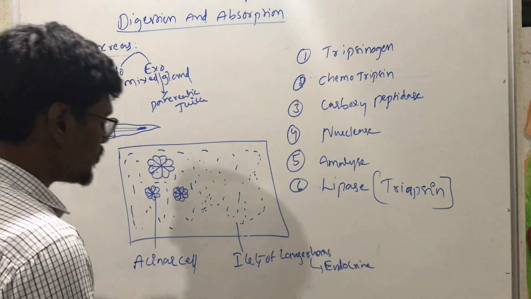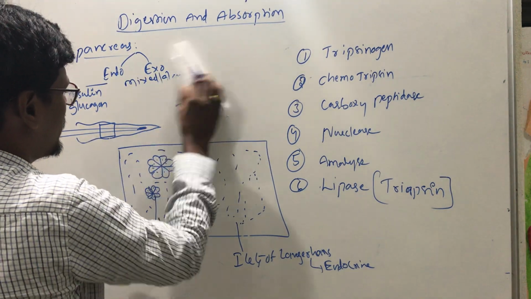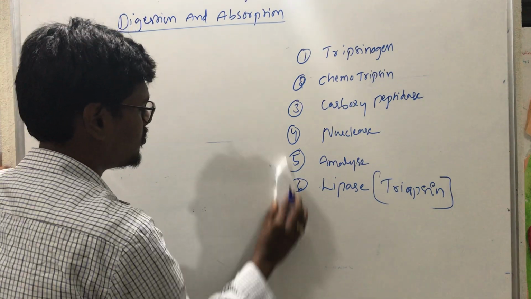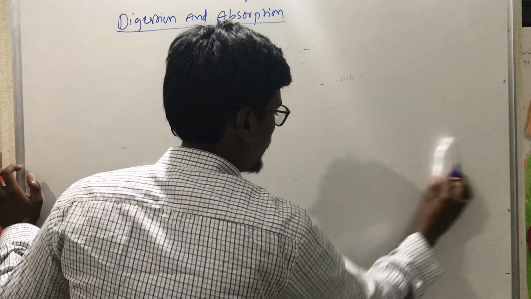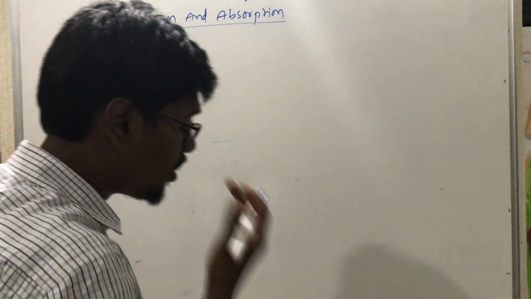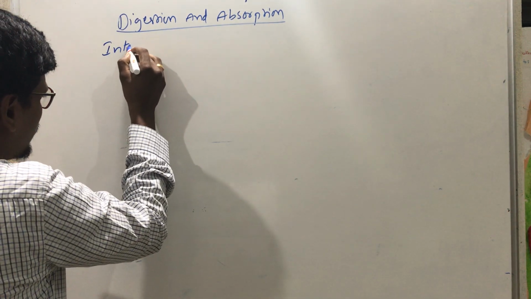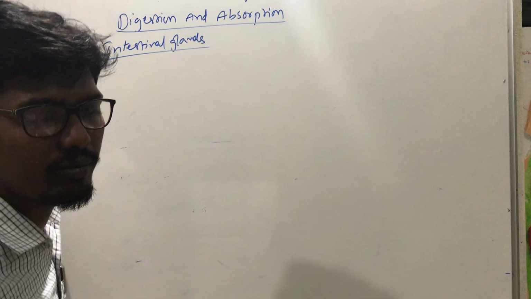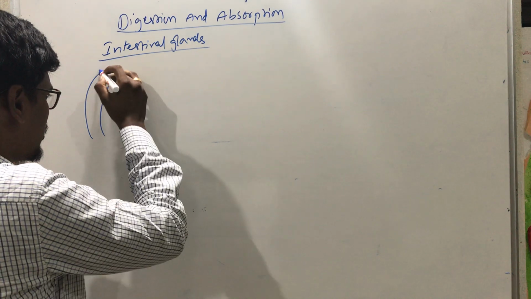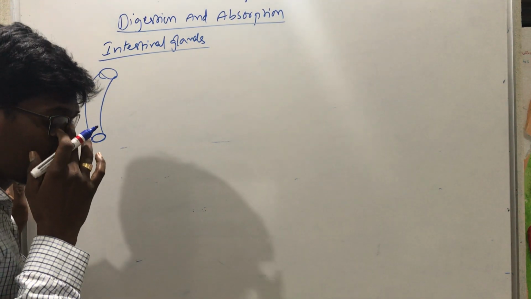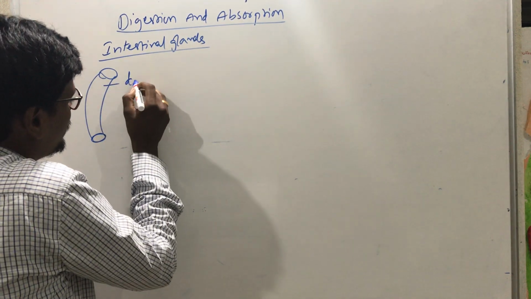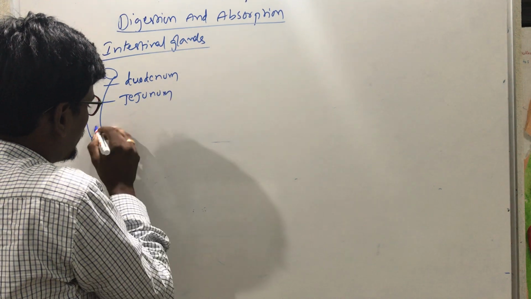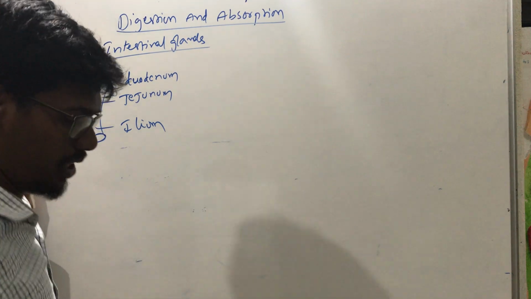Intestinal glands. The intestine has the duodenum, jejunum, and ileum.